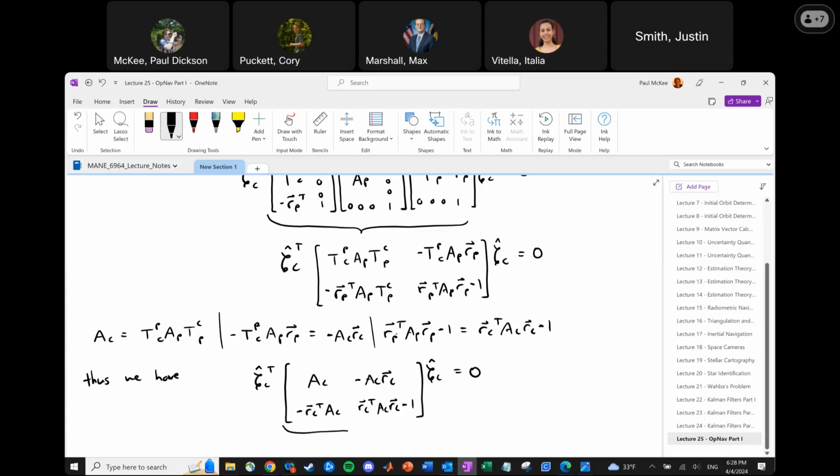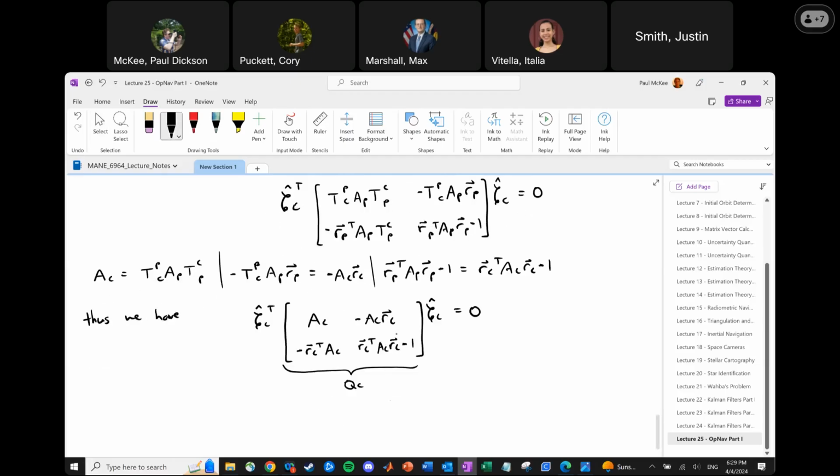And this whole thing here is Q_C, where Q_C is a 4x4 symmetric matrix. Hopefully it's clear that it's symmetric from the way it's defined, describing the proper quadric locus in the camera frame.